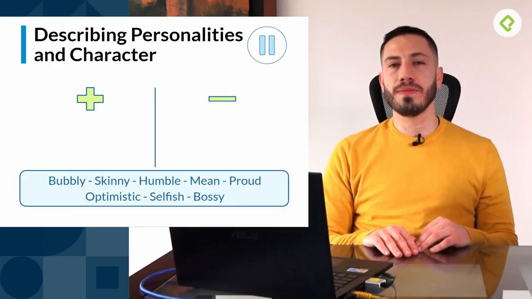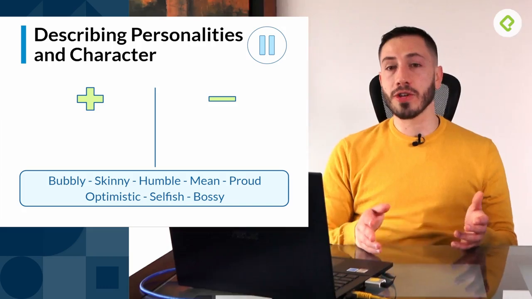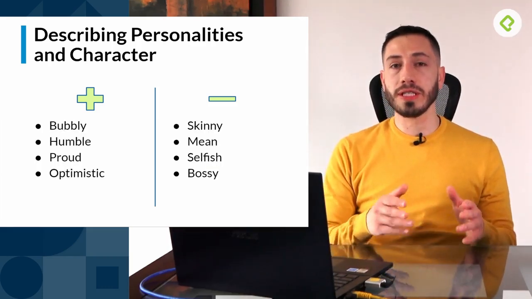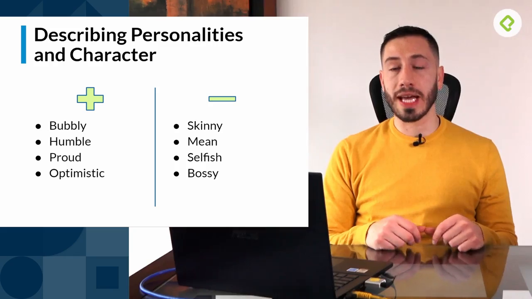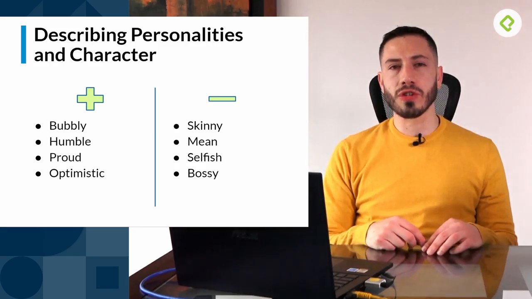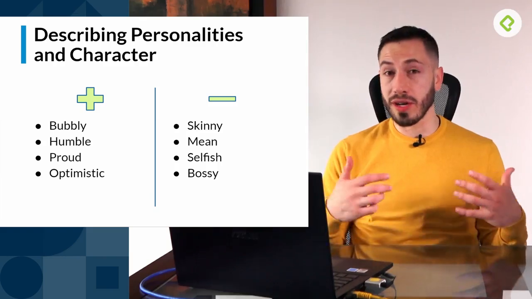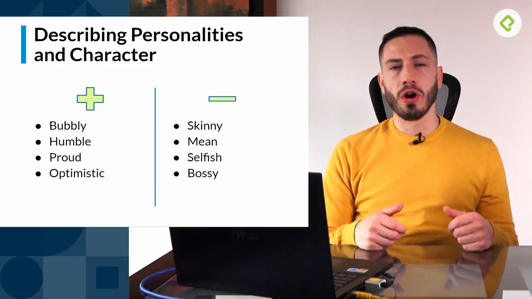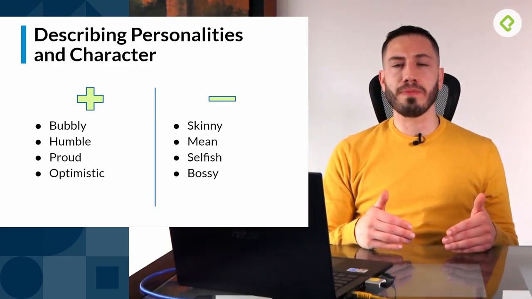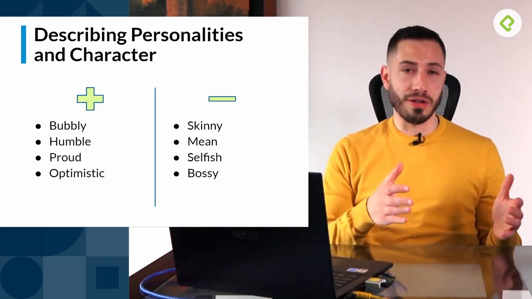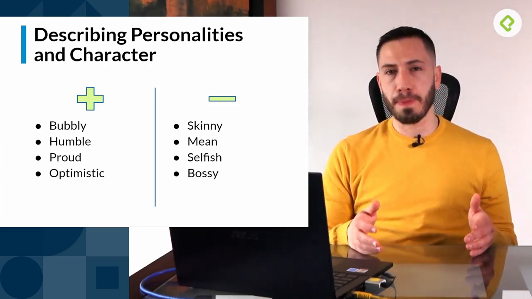Do you have your answer? Very good. Let's compare. These are the answers that I have. Positive connotation would be words like bubbly, which refers to someone that's very expressive, extroverted, and usually very, very nice. Also humble, which refers to a person that accepts feedback and knows about their strengths and their weaknesses.